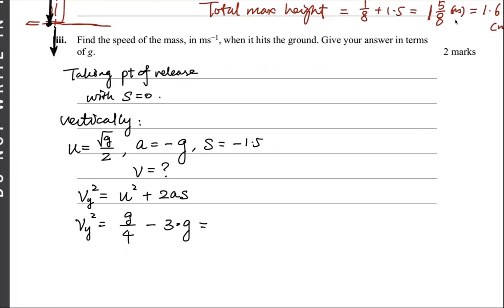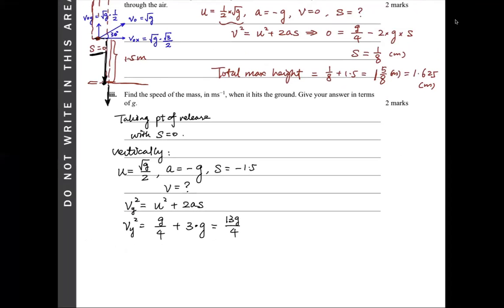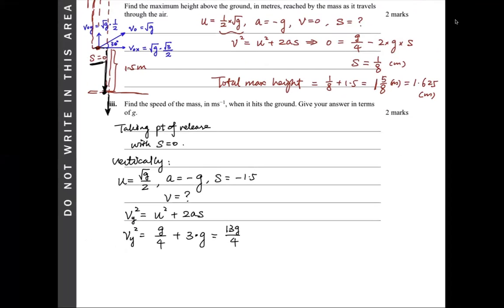Actually, it works because I forgot that when I multiply a negative number with another negative number, this is a plus. So that explains it. Yep, that should work. So I should get 13g over 4. But remember, this is just my vertical velocity component, okay?